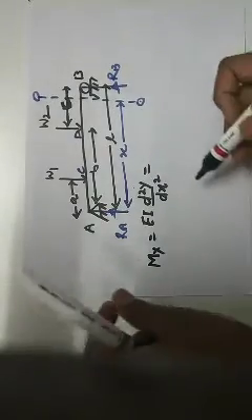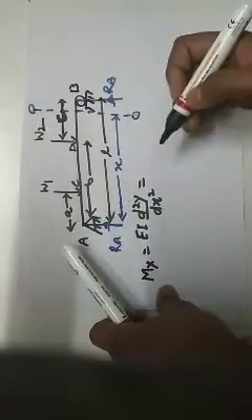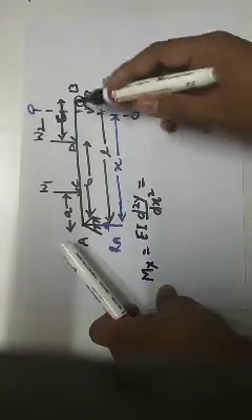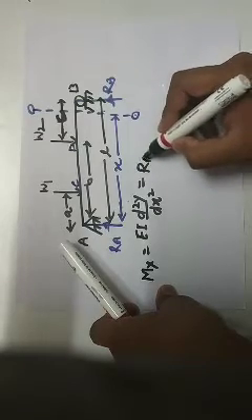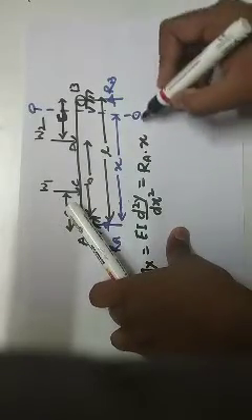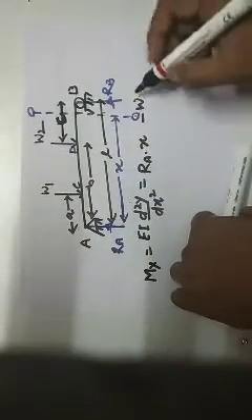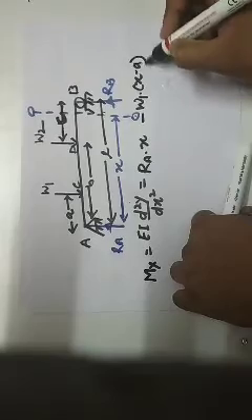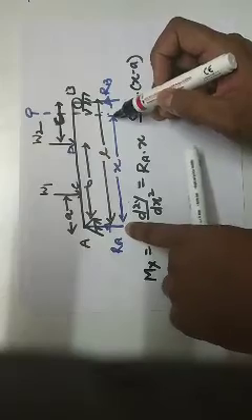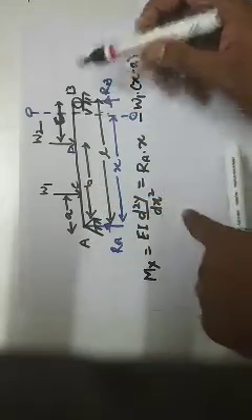Now if we find the value of Mx for this section through Macaulay's method, we take the bending moment of all the forces about this section. The value will be RA into X, then take the moment of this load: minus W1 into (x minus a), because the distance of the section from end A is x and this distance is a, so the distance between load W1 and the section is x minus a.